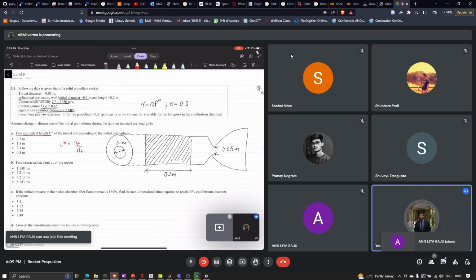So initially, the volume that is covered by the rocket motor is pi by 4 times the diameter squared into L, and the throat area is given by pi by 4 d throat square.